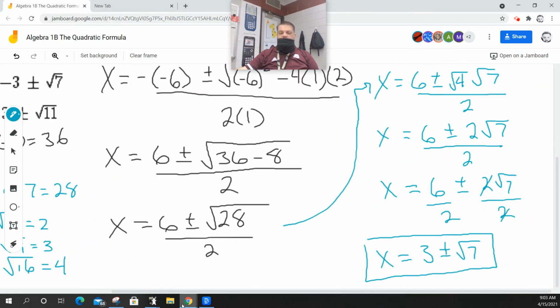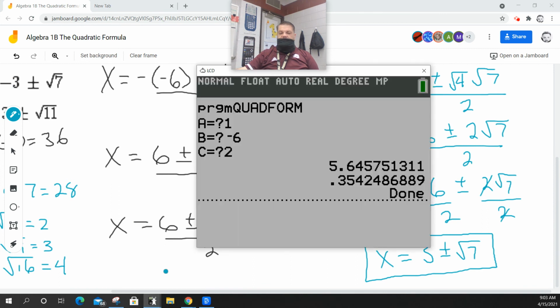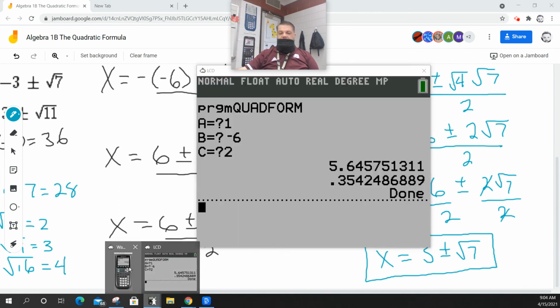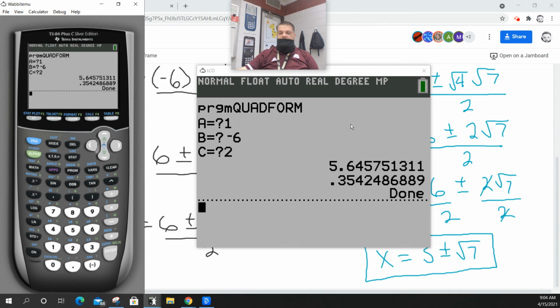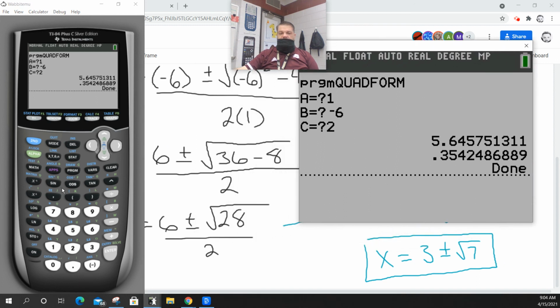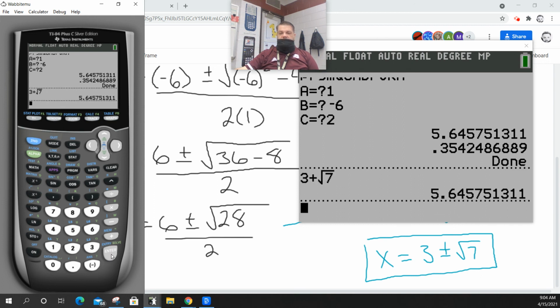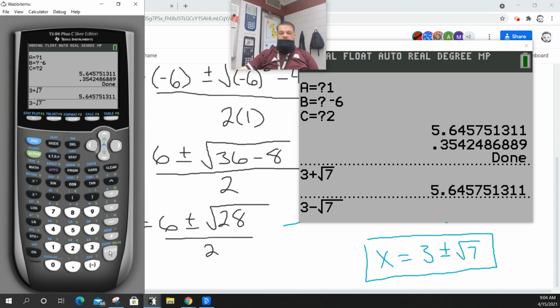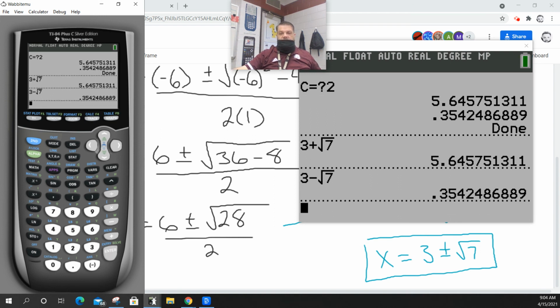This is my answer, and it gives me decimals. Well, I could plug in 3 plus or minus root 7. So if I say 3 plus the square root of 7, and I hit enter, I get the first one. If I say 3 minus the square root of 7, I'll get the other answer. And that is it.